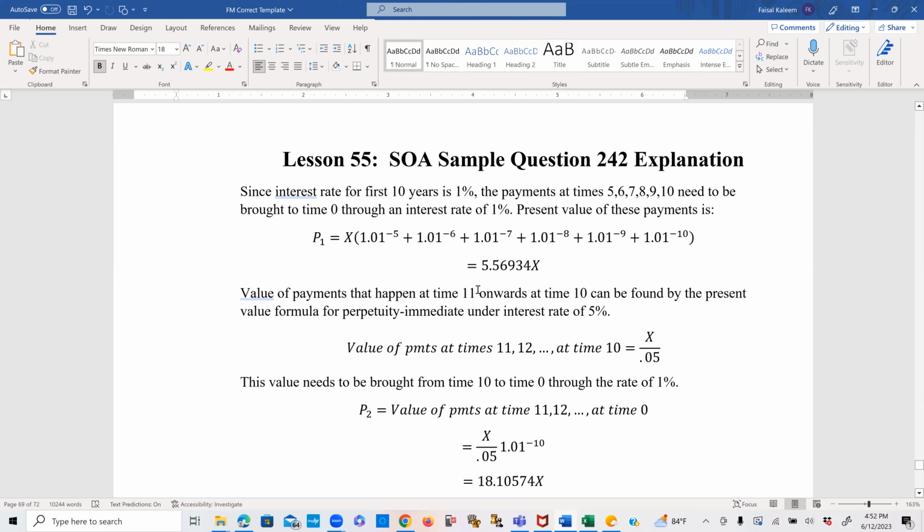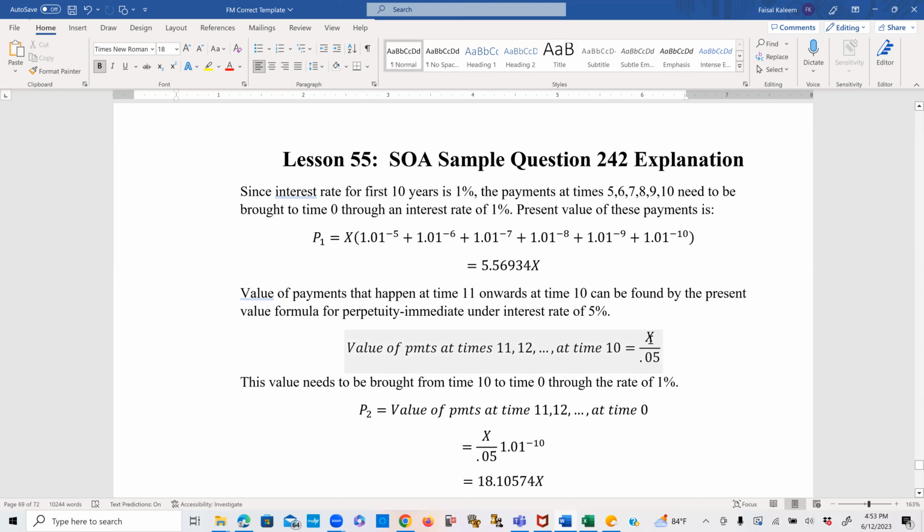So if the first payment that we're considering is at time 11, then we use the X over i formula. The reason why we would first like their value at time 10 is that from time 10 onwards, the interest rate is 5%.